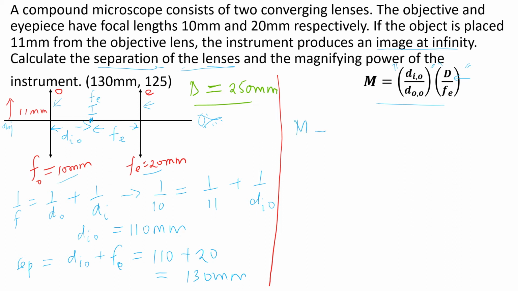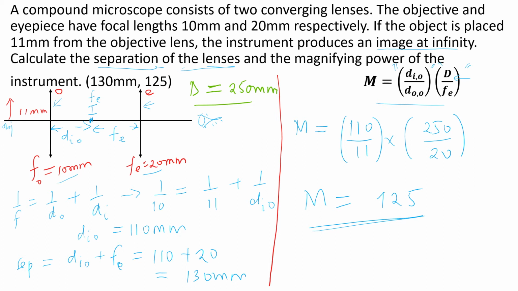So angular magnification is going to be D_IO, which is 110 divided by D_OO, which is 11, multiplied by 250 millimeters divided by 20, which is the focal length of the eyepiece, and this one is going to give us 125.